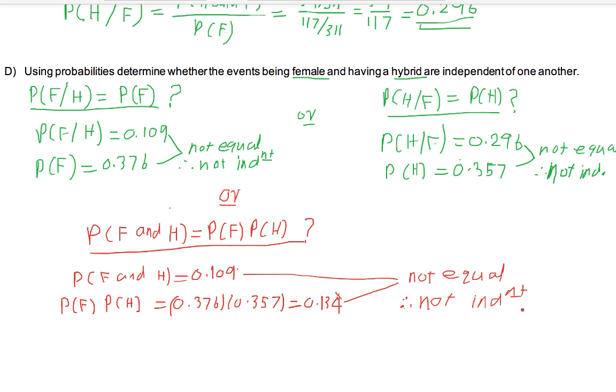Not independent. Okay. Again, you can use one of these three methods to show whether any two sets are independent or not.